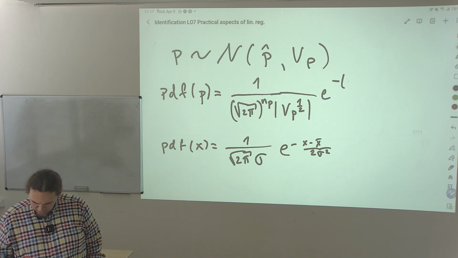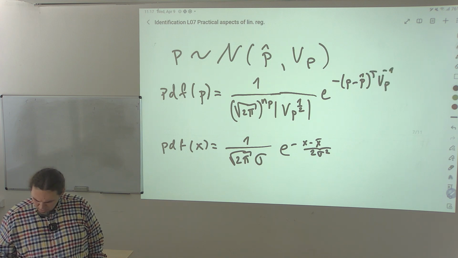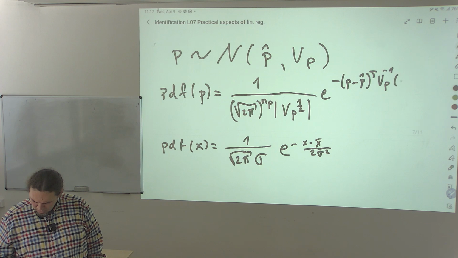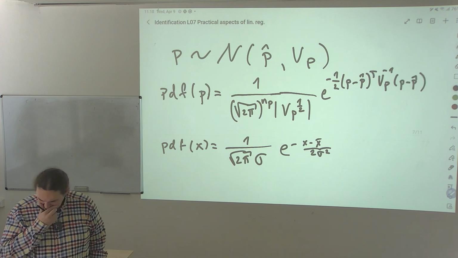And what happens with this one? Minus, what? P minus P hat transpose VP inverse. Now there should be 1/2 somewhere. Minus 1/2 times P minus P hat.